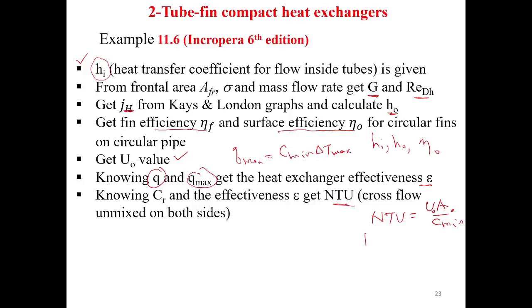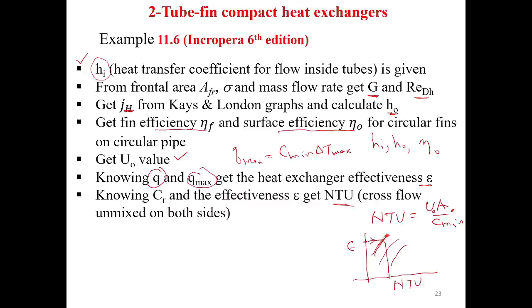So if I draw, for example, a figure like this one, where you have NTU here and effectiveness here, and you have several curves for different CR. So CR is known, and the effectiveness has been calculated.